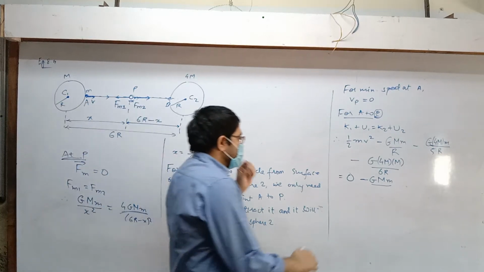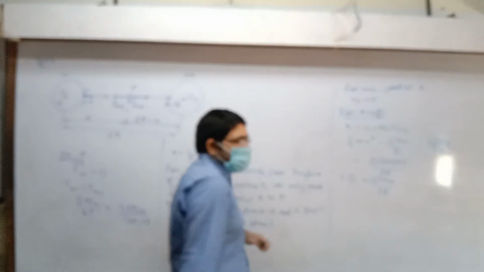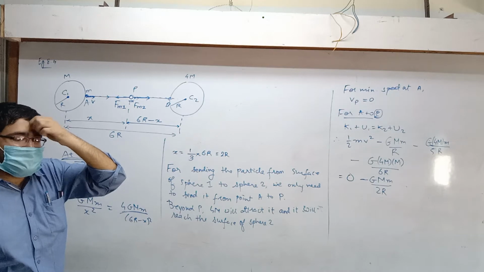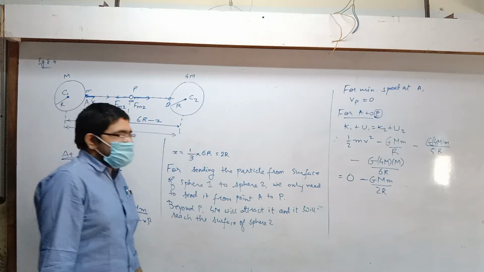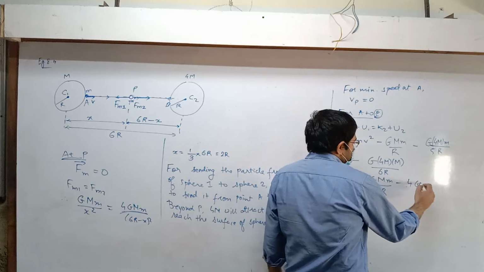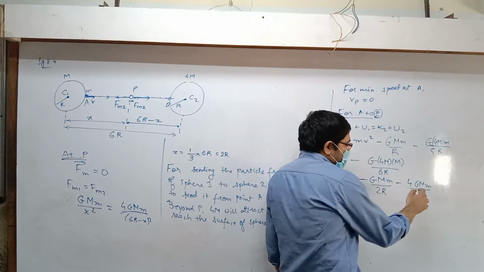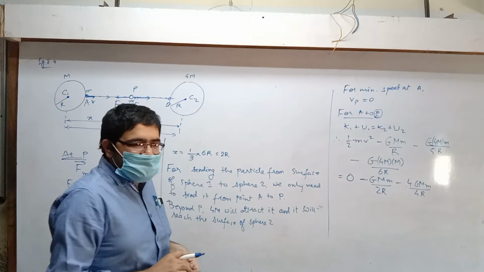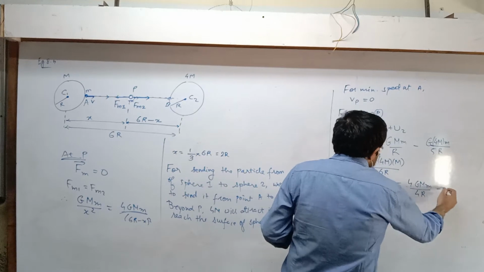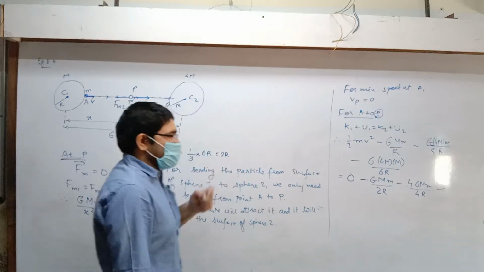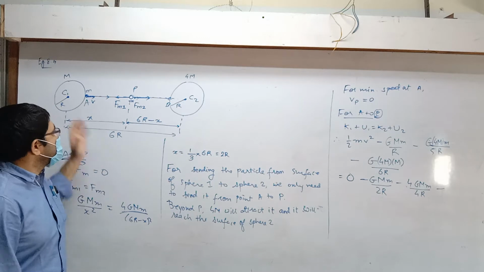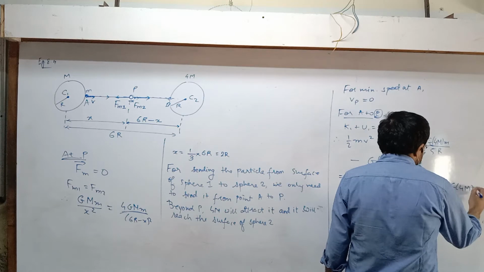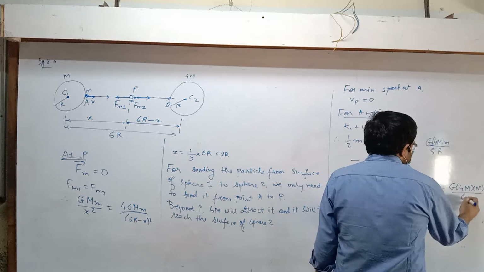Right? Now small m with 4 capital M: minus 4GMm divided by 4R, because 2R are on the left side, so 4R are on the right side. And the last one, between capital M and 4 capital M, that potential energy is minus G into 4M into M divided by 6R.